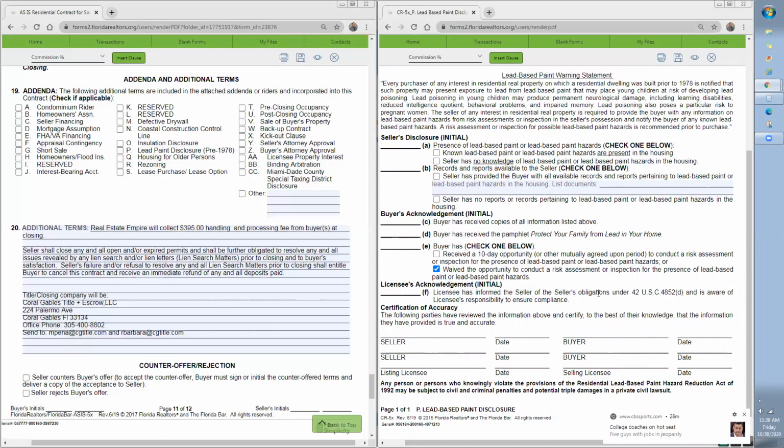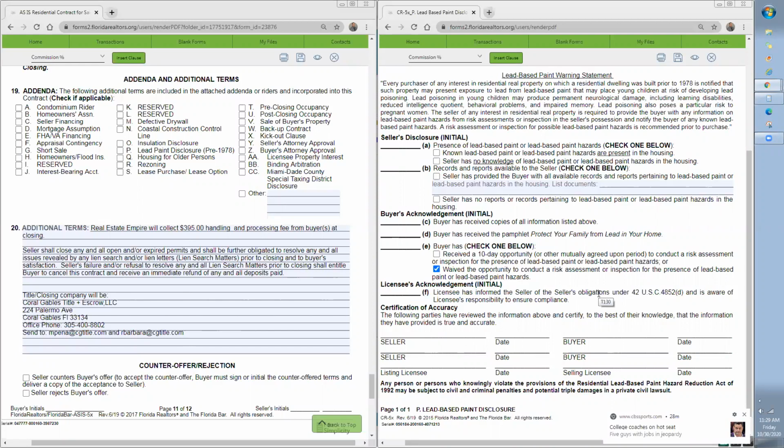Now, there's a lot of properties, especially in areas such as Coral Gables, maybe West Park, Hialeah, that were built prior to 1978. Chances are that after 40 years, lead-based paint has been painted over so many times that it doesn't even have an effect anymore.